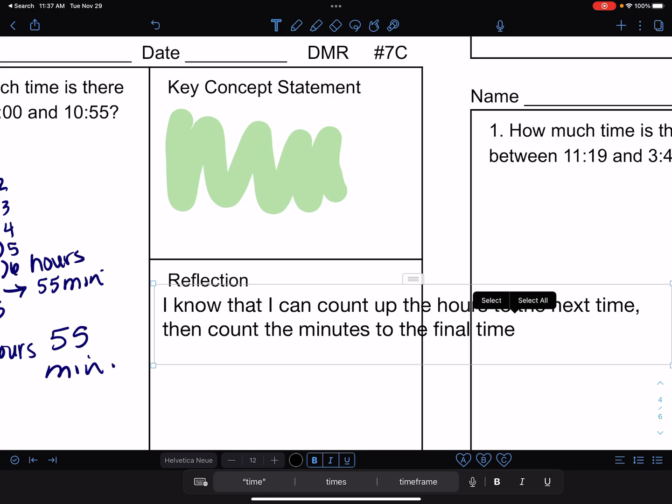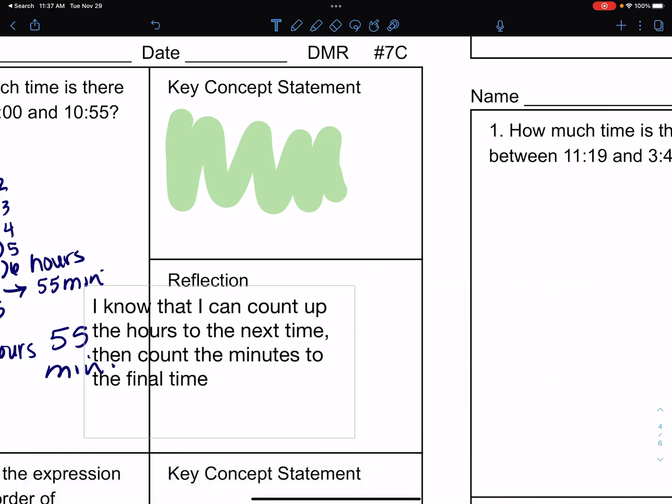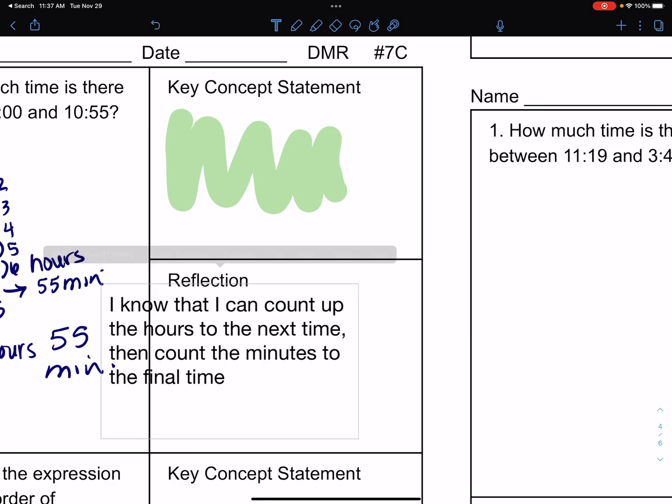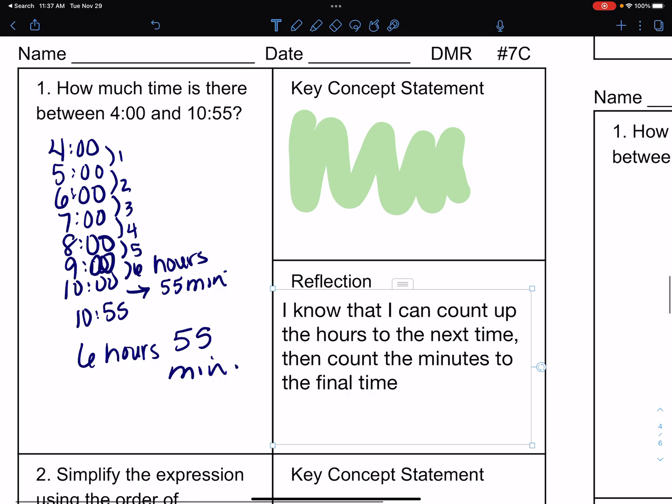I'm going to see if I can do some moving around so that you'll be able to see everything at one time, and you can push pause. So there you go. If you need to push pause, please do so. Otherwise, I'm going to move on to number 2 at the bottom.